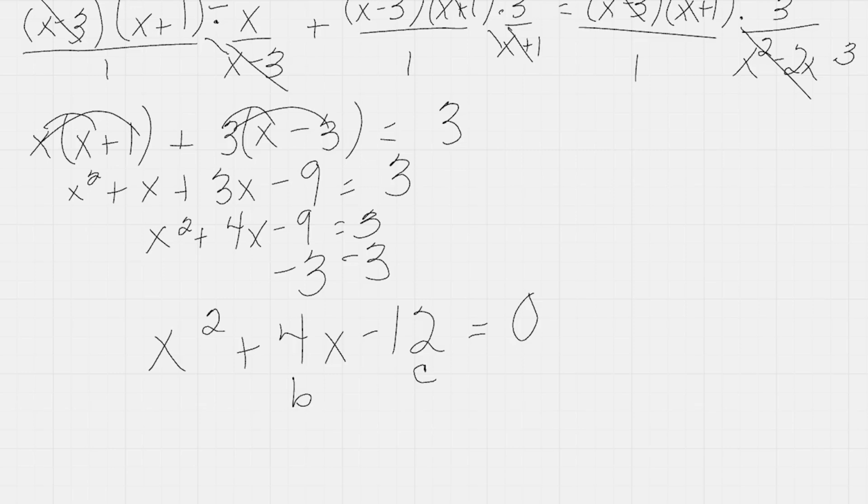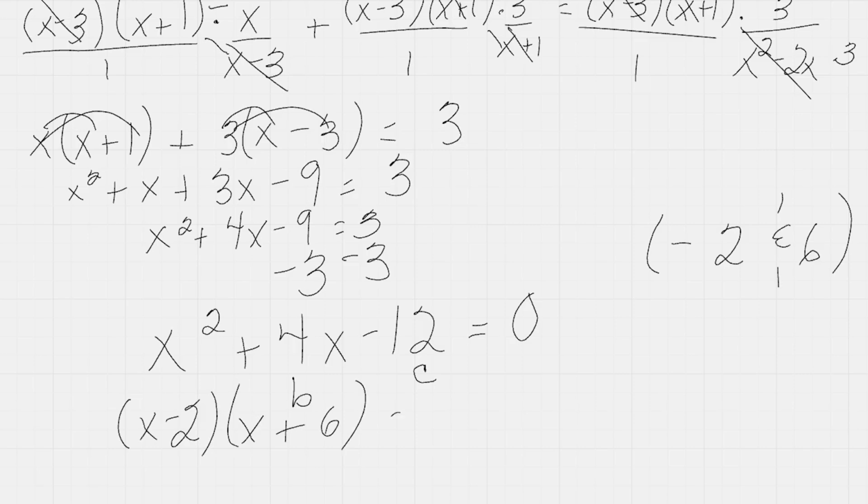Those two values are negative 2 and 6, right? So what we're going to do is we're going to set this up as x minus 2 times x plus 6 equals 0.